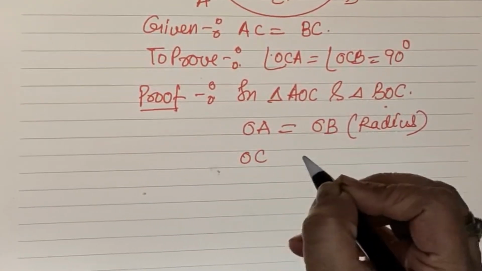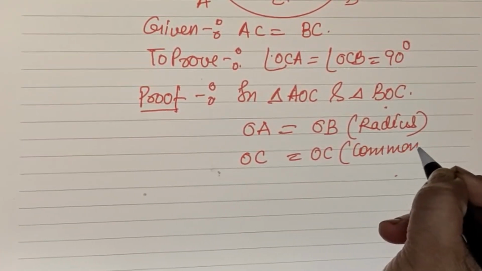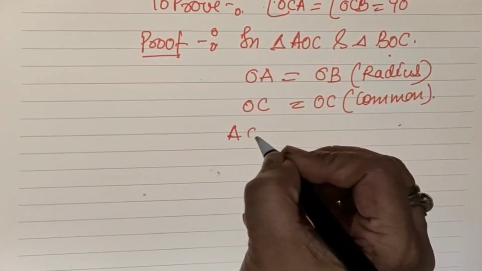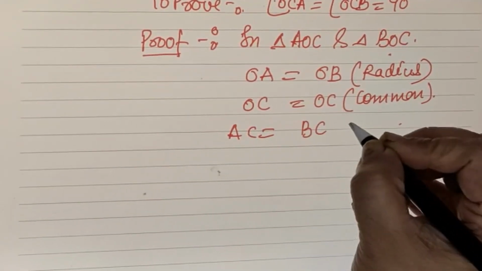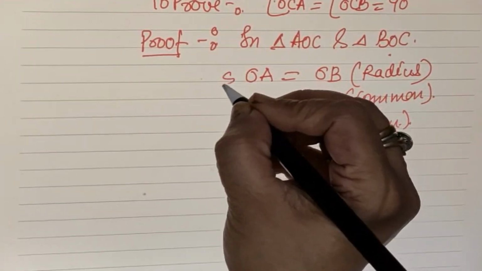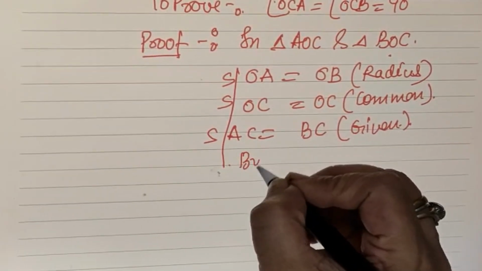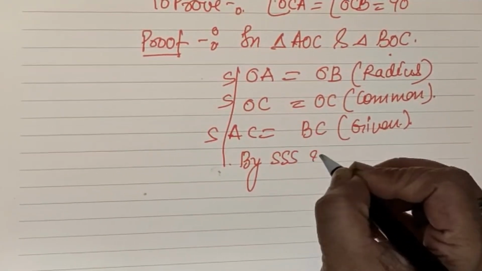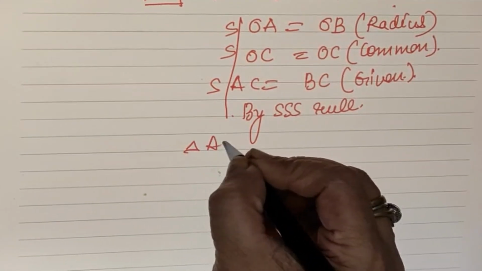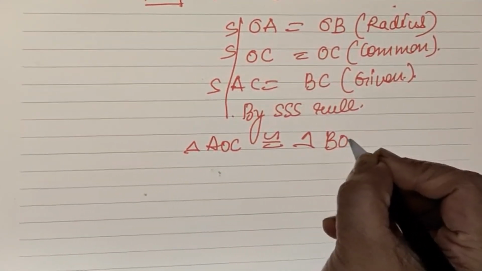Then OC, again OC, common side of the triangles. Then the other thing which is equal: AC and BC are equal, which is given. So what rule am I using? Side, side, side, correct? So by SSS rule, triangle AOC will be congruent to triangle BOC.